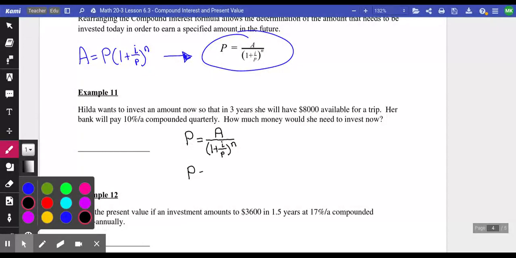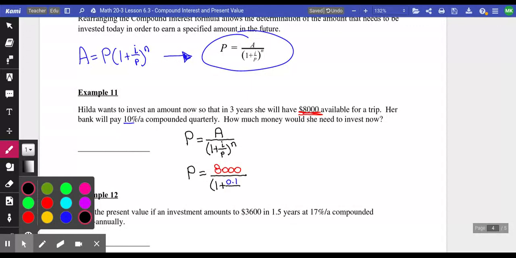To use that formula, A is your ending amount. You want to end with $8,000 for a trip, divided by 1 plus i, which is your rate. Your rate is 10%. If you divide that by 100, it's 0.1.